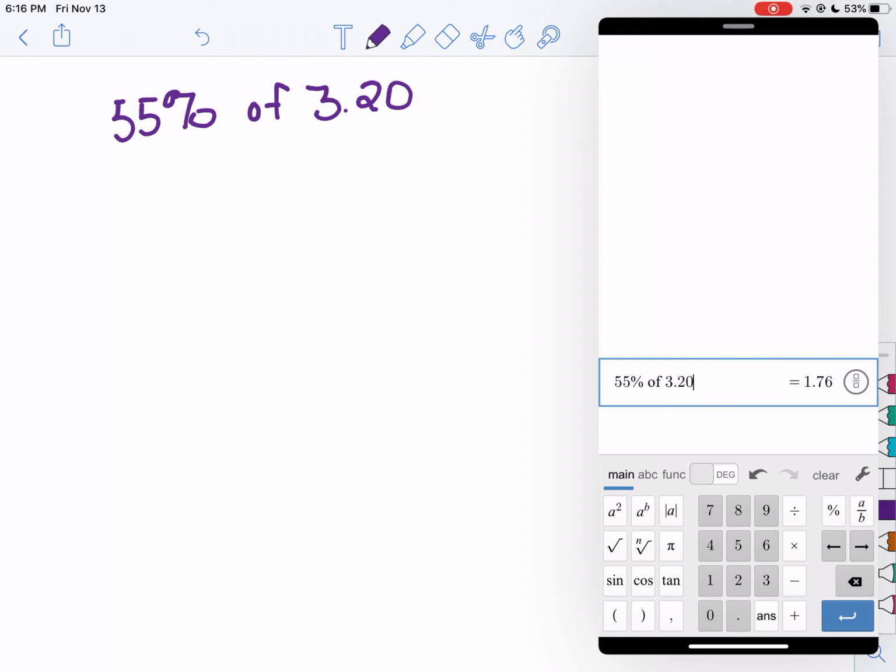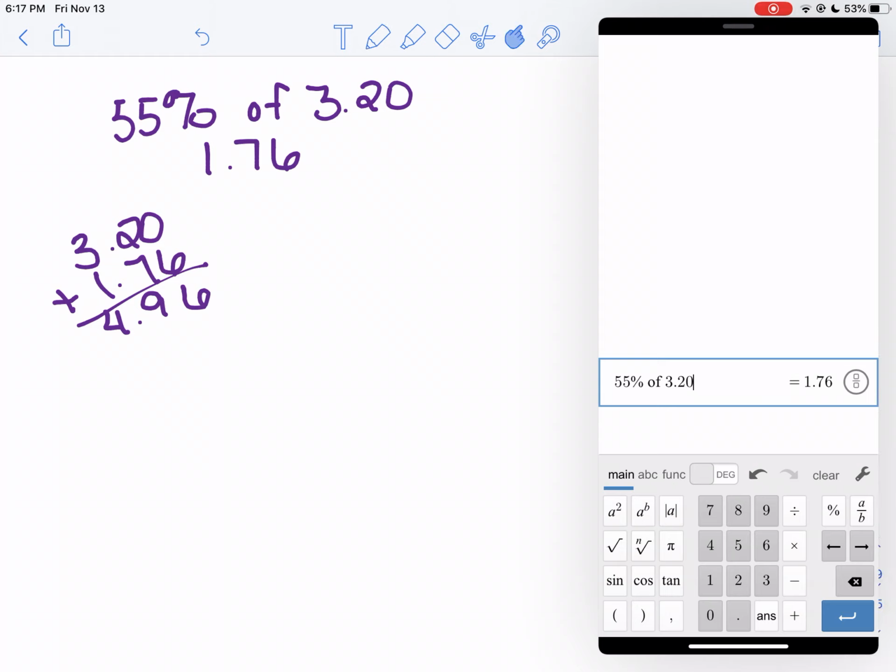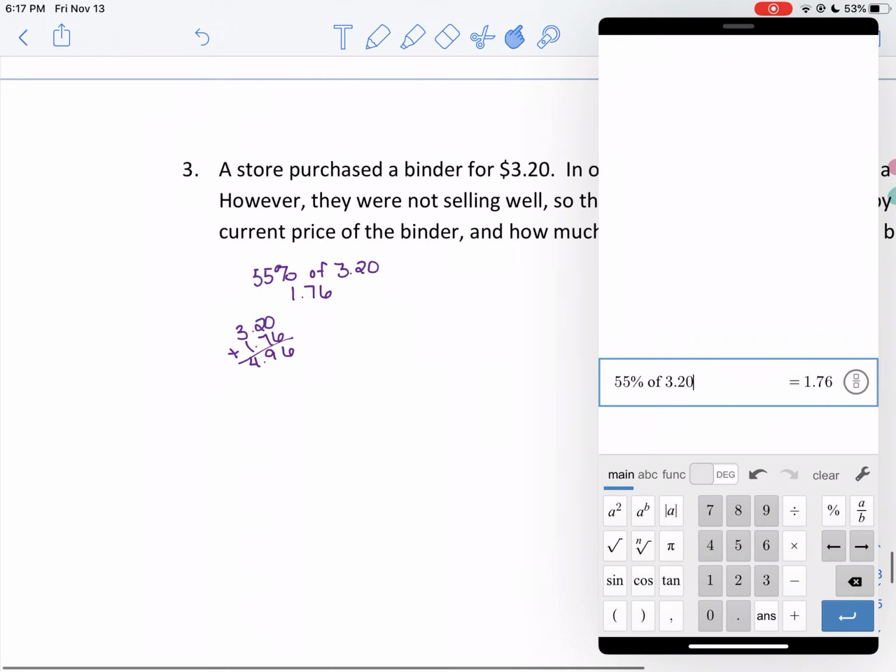There we go. So $1.76. It's a markup, so we have to add. So 3.20 plus 1.76. So $4.96. So that was the price. $4.96 was the price they were selling them for.